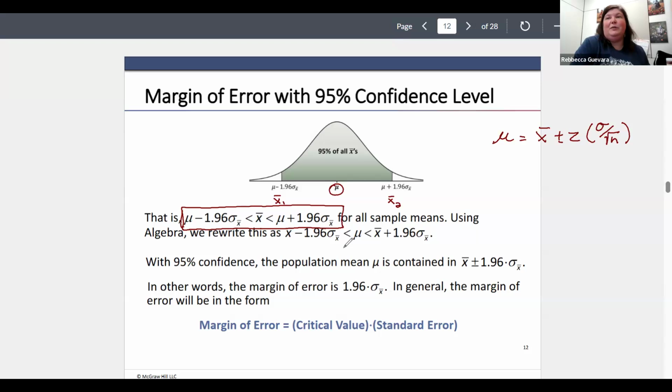Just using a little bit of algebra, what we get is that instead of the x bar being in between, mu is going to be between x bar minus 1.96 sigma sub x bar and x bar plus 1.96 sigma sub x bar.